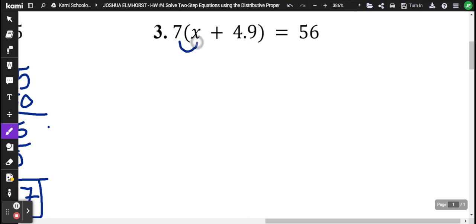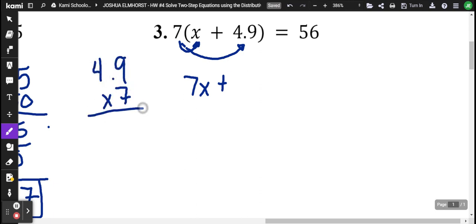Number 3, we've got 7 times x, which is going to give us 7x, and then we have 7 times 4.9. We may need to work that out on the side. So 7 times 9 is 63, carry the 6. 7 times 4 is 28, plus 6, which is going to give us 34.